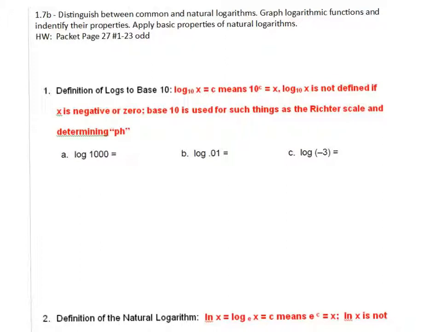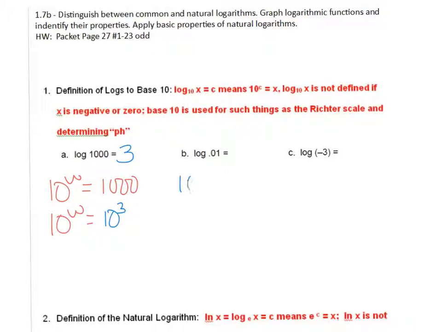So we can evaluate all of these, A, B, and C, because what A is saying is 10 to what power is 1,000. If you don't know off the top of your head, what we could do is rewrite 1,000 as a 10 to a power, that's 10 to the third, so this is 3.